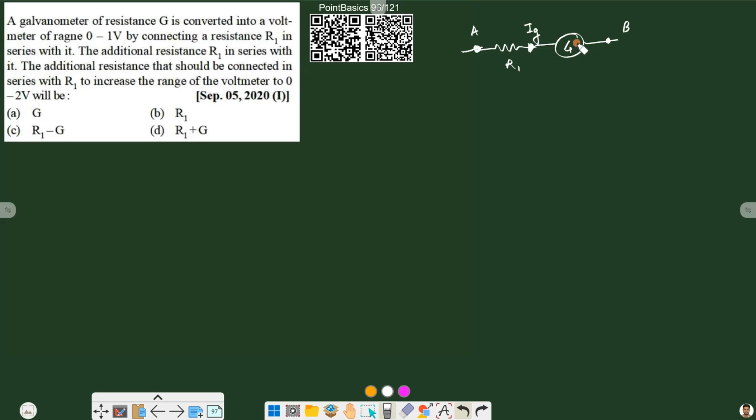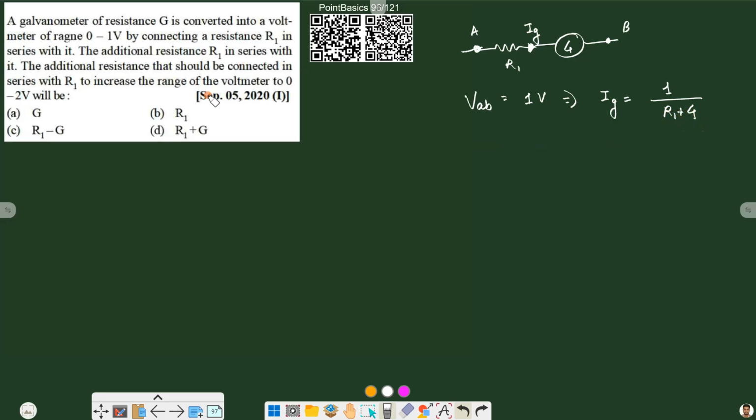So VAB is equal to 1 volt, and Ig, the current in the galvanometer, is equal to VAB, that is 1, the maximum it can measure, divided by the total resistance, R1 plus G.